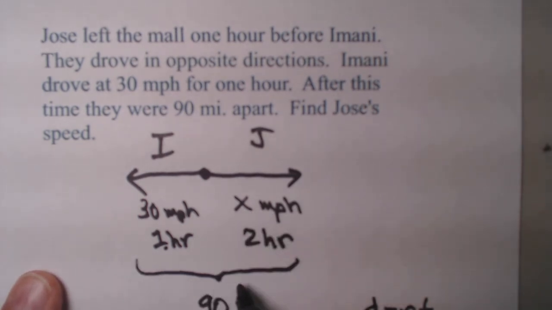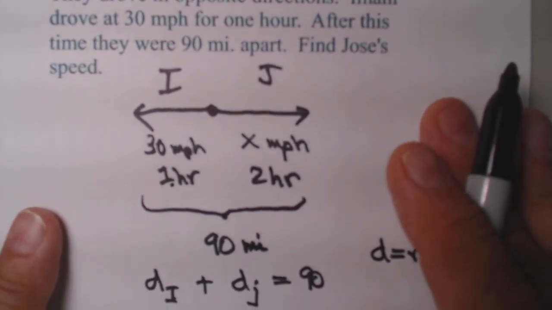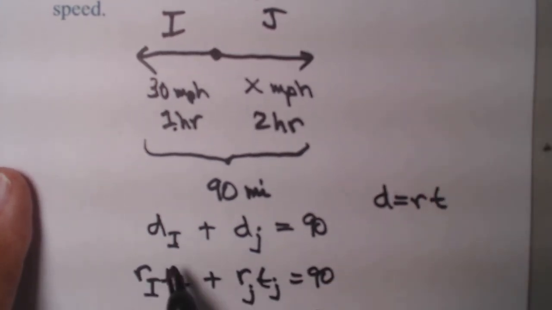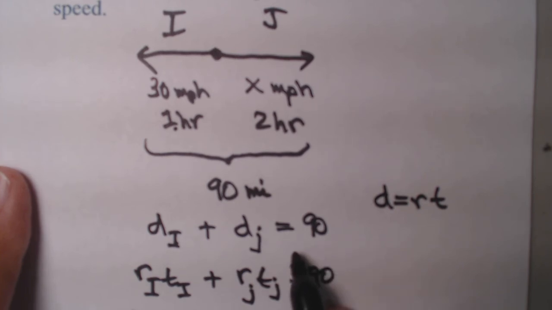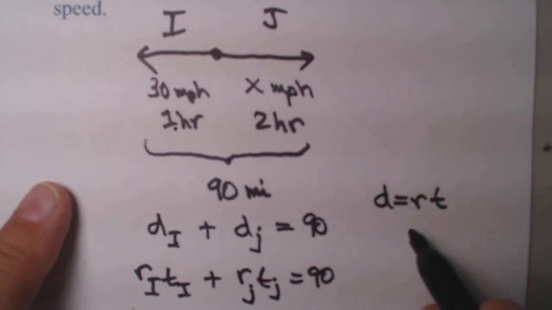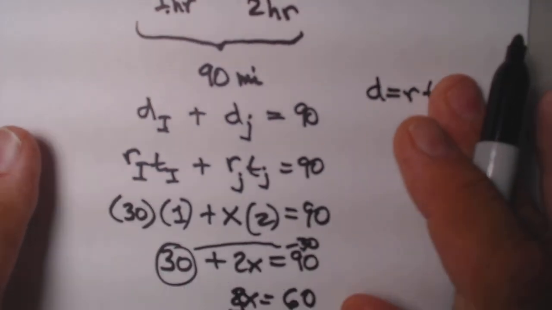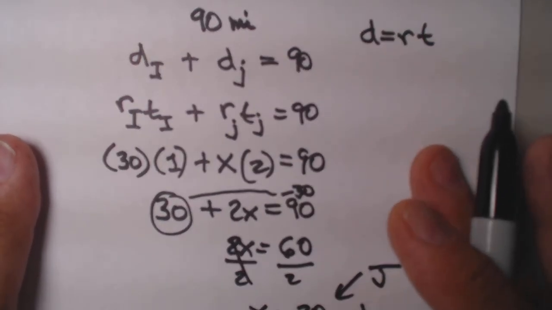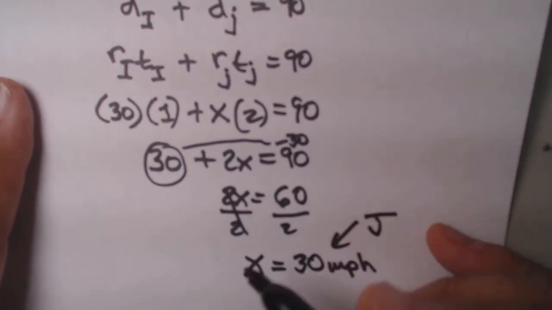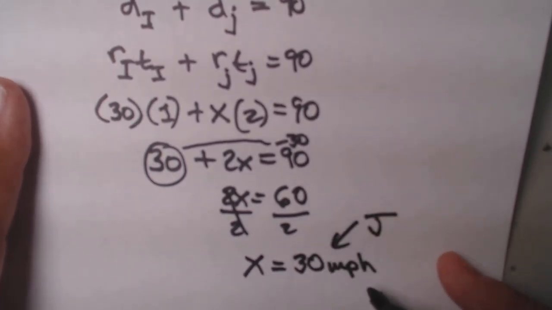The only thing we know is the total distance equals 90, so that gives us our starting equation: dA plus dJ equals 90. We do our d equals RT substitution, and solving the algebra after that, we end up with our final answer down here. X, of course, is Jose's speed. He's going 30 miles per hour also.